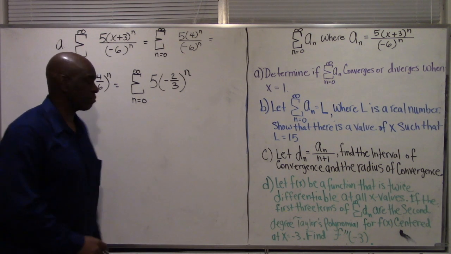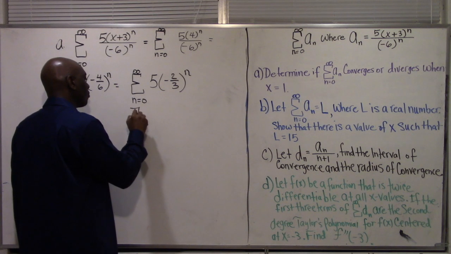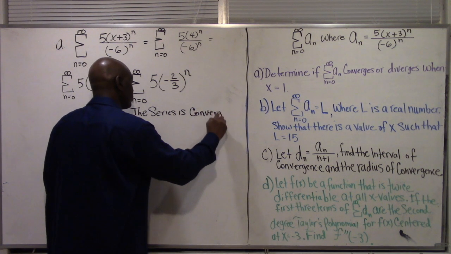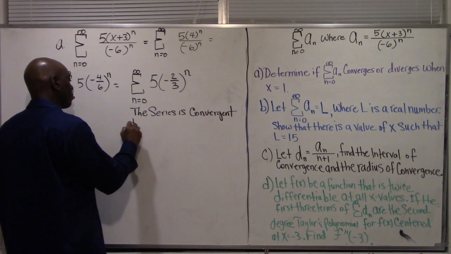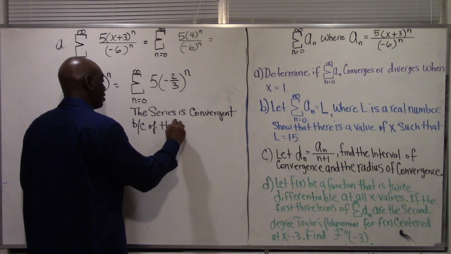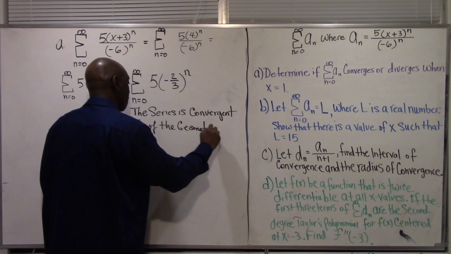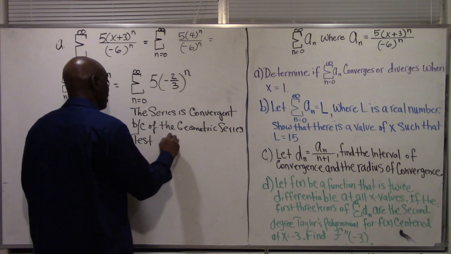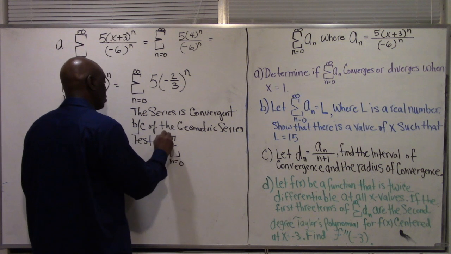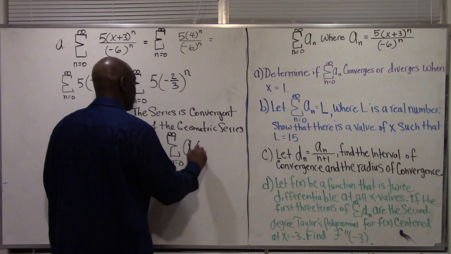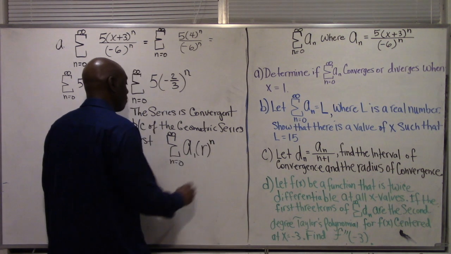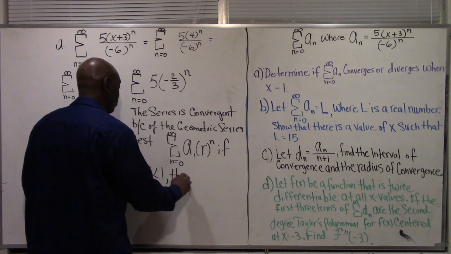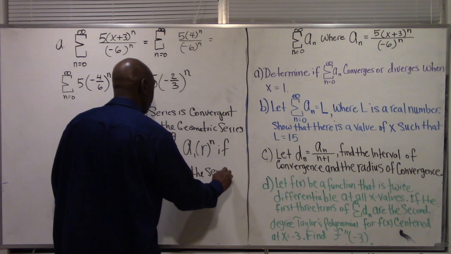This series is convergent because of the geometric series test, which states if you have a series where n equals 0 to infinity of a_1 times r^n, if the absolute value of r is less than 1, then the series converges.